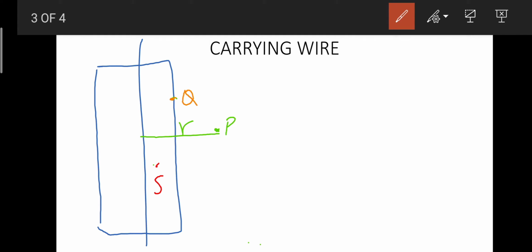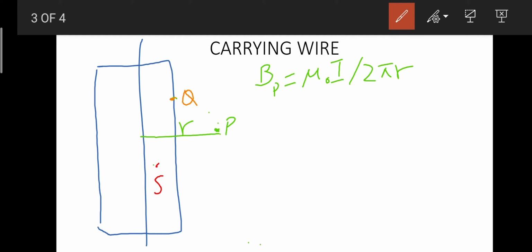That means for this particular point P, B would be constant, and you will draw again the Amperian loop, and by doing the same stuff which we have done in the previous article, ultimately what you get, B at point P would be equal to mu naught I over 2 pi r, right?